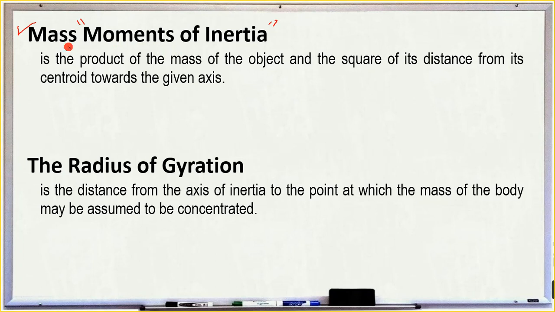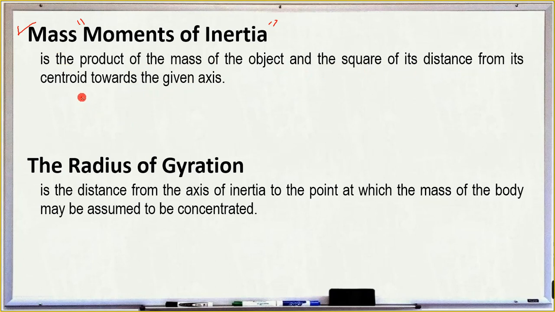Whereas in this lesson, our focus is a body that has length, width, and depth. So we're talking about the mass, the amount, no, that contains a certain object. So mass moments of inertia is defined as the product of the mass of the object and the square of its distance from its centroid towards the given axis.